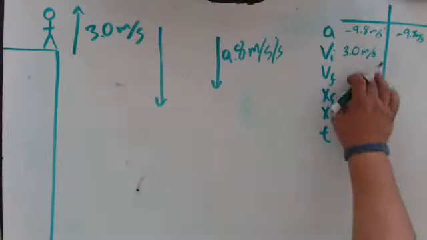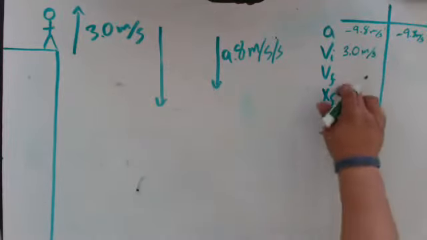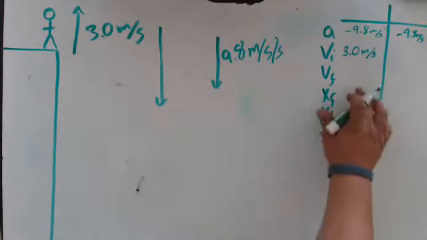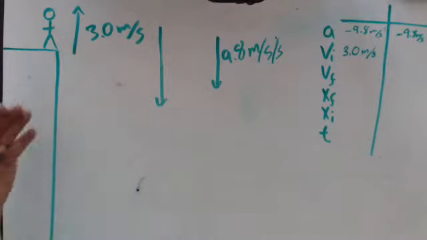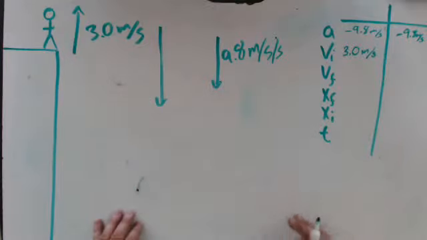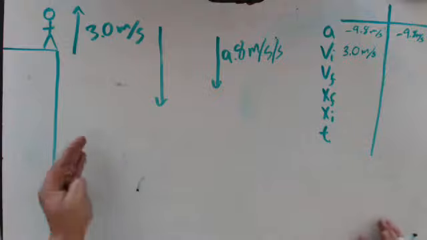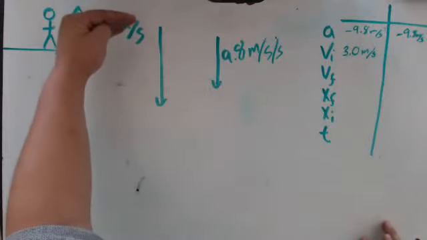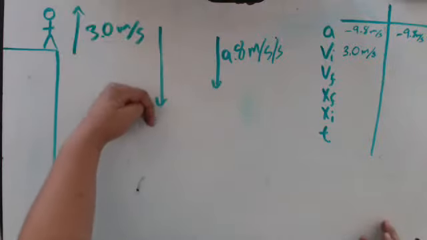Now, V final is going to be V initial for the second part of this motion. You may think that there's not enough information in this problem to solve for V final, but it's my problem. I get to decide a lot of things in this problem. I'm looking for the point where the brick gets to the very top of that motion and then starts falling down.